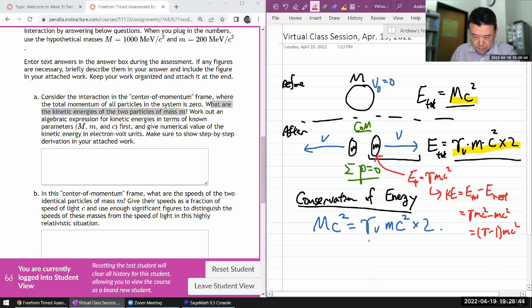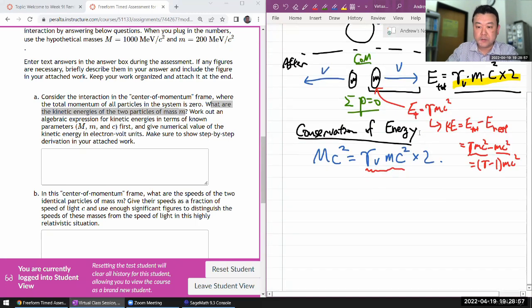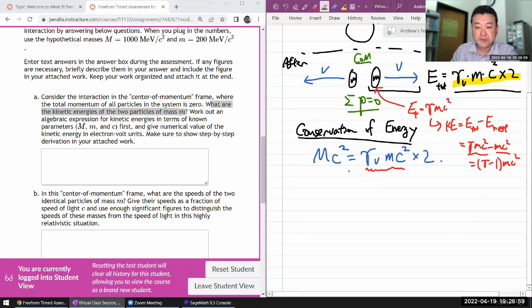And I hope you notice here that this gamma mc squared is already here. So I already have that. And mc squared only depends on quantities that I already know. So if I'm breaking up this expression on the right-hand side in terms of the rest energy and kinetic energy, the rest energy portion would be this, 2 mc squared.